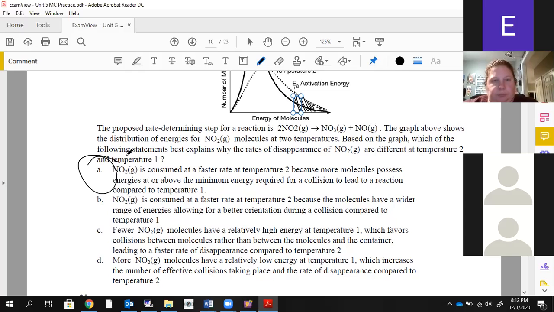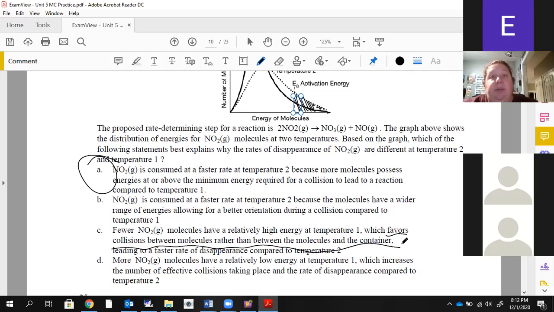Why is it not C? So fewer molecules do have higher energy at temperature 1. That part is true. But this part about favoring collisions between molecules rather than between the molecules in the container is untrue.